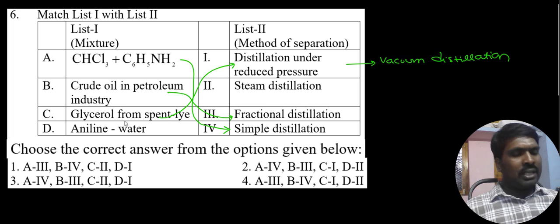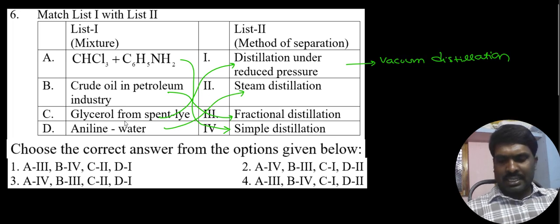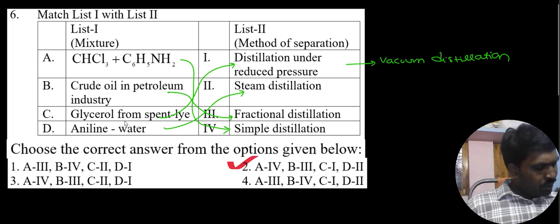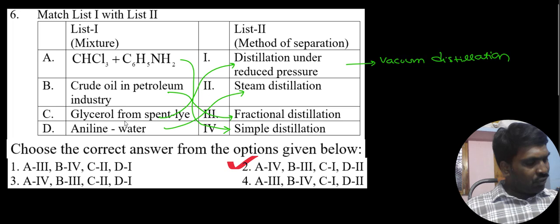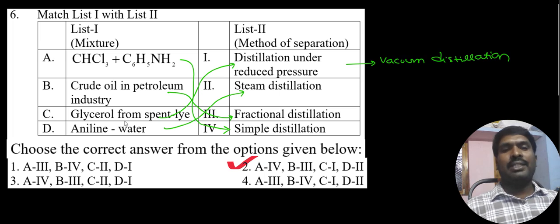And aniline from an aniline water mixture, for that we can use steam distillation. So which option is the right answer? Option 2 is the right answer. A is matched with 4, B is matched with 3, C is matched with 1 and D is matched with 2.